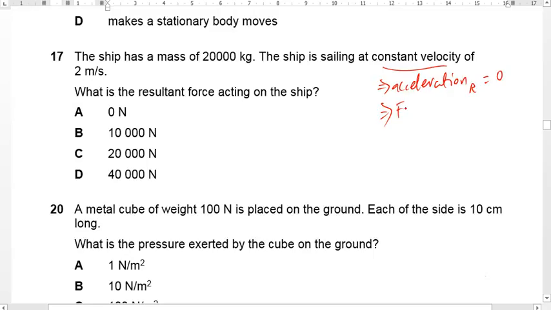Okay. So F resultant equals to M A resultant, which is equals to 0. Sure? What's the mass?